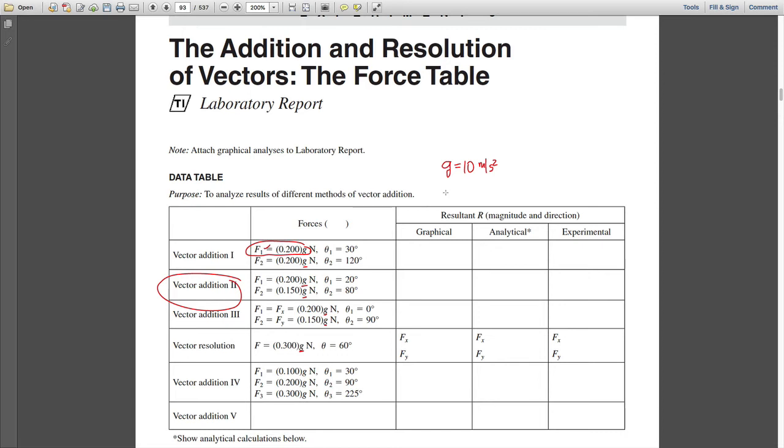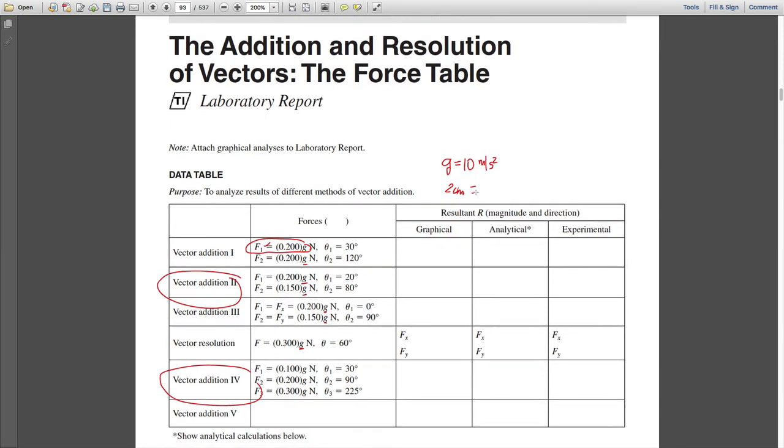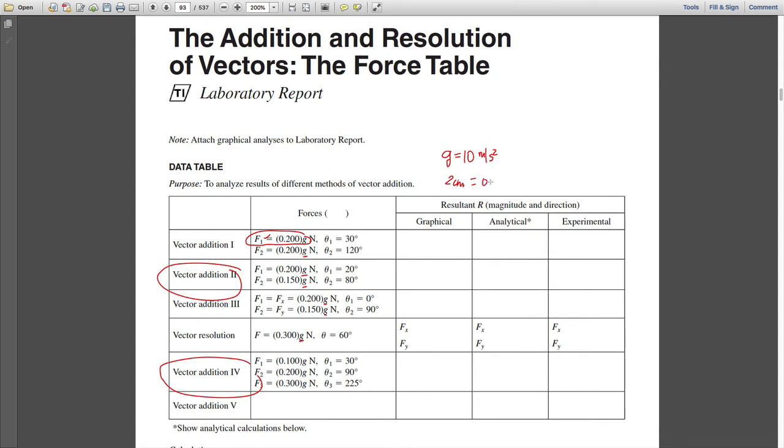For the last one, with the 3 vectors, you may use a smaller scale, but for those 2 I prefer 2 centimeters on a graph paper to represent 0.5. But that's my scale. Okay, remember, it's not mathematically saying 2 centimeters equals 0.5 Newton. No, on a graph, when you graph it.